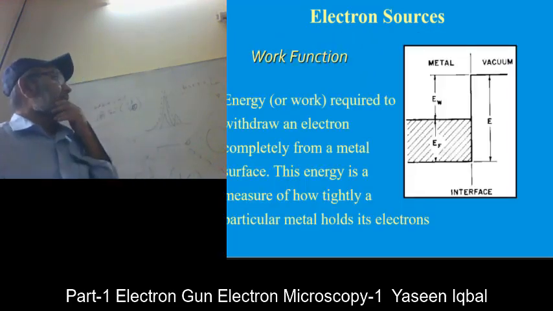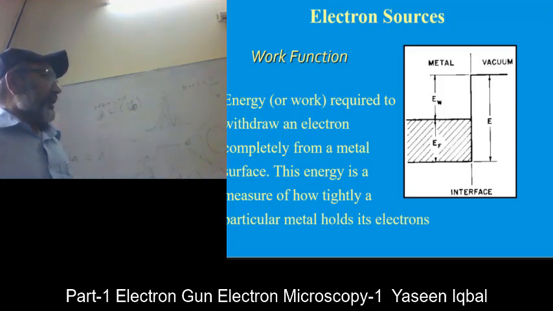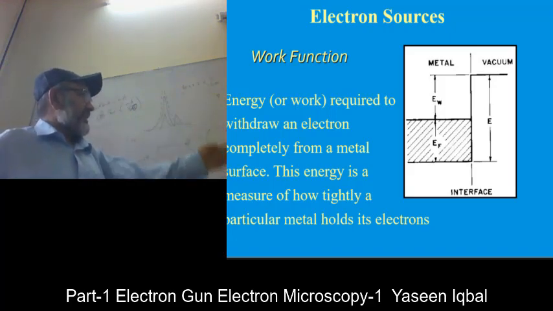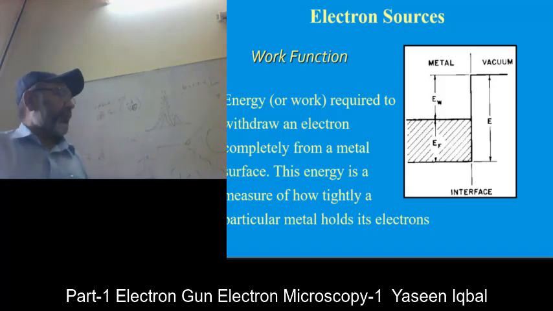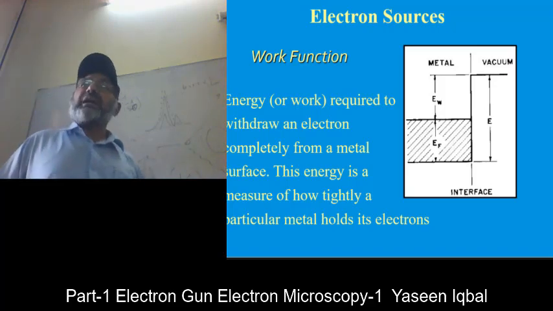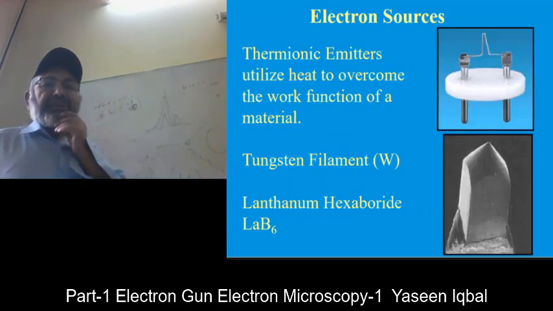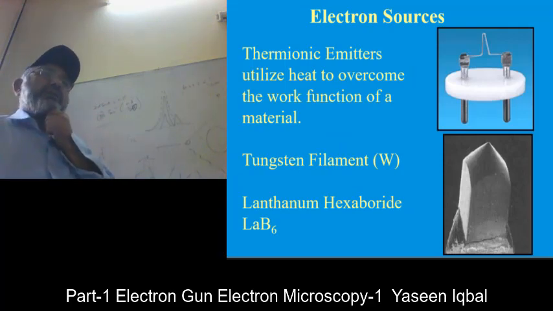Now, as I told you, the energy required to withdraw an electron completely from a metal surface is a matter of how tightly a particular metal holds its electron, and you call it work function. Thermionic emitters utilize heat; when you hear the word therm, it means temperature.